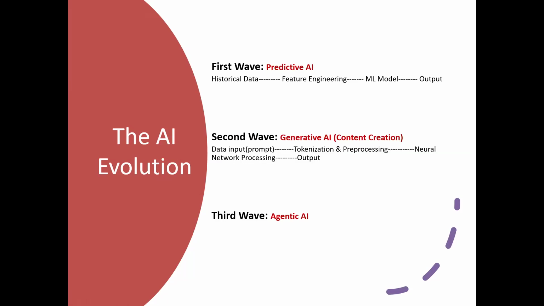And coming to the second wave, right? Looking at this second wave, especially generative AI. What exactly is happening here is it is generating new content. So it will take input as data, and then it will tokenize the given input, like words or a kind of statement.